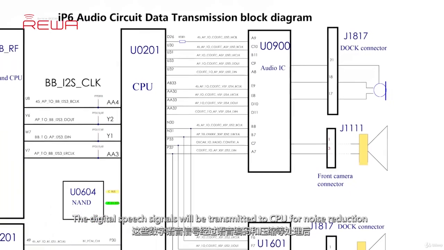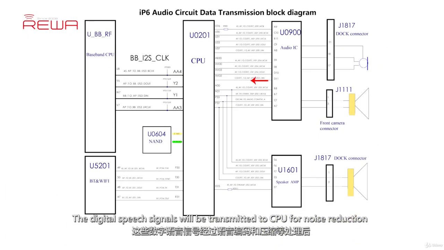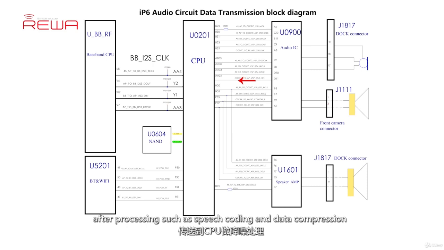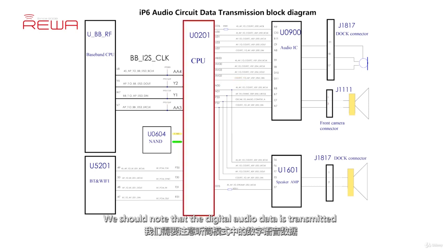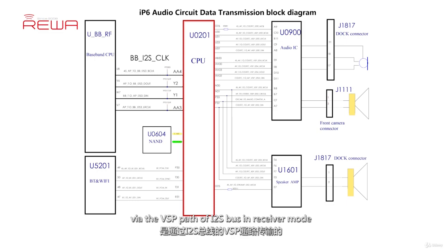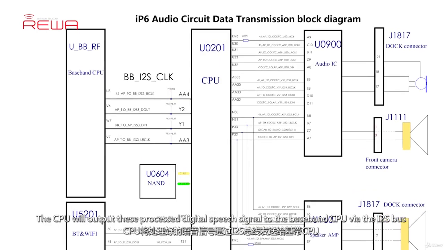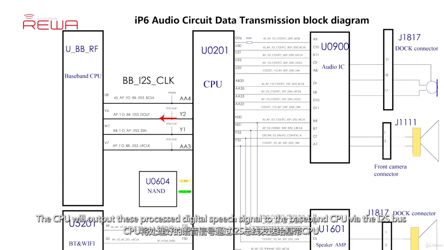The digital speech signals will be transmitted to CPU for noise reduction after processing, such as speech coding and data compressing. We should know that the digital audio data is transmitted via the VSP path of I2S bus in receiver mode. The CPU will output this processed digital speech signal to the baseband CPU via the I2S bus.